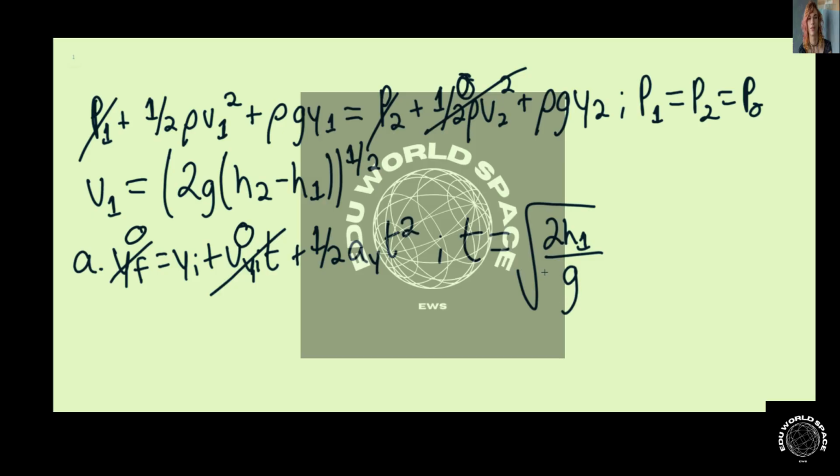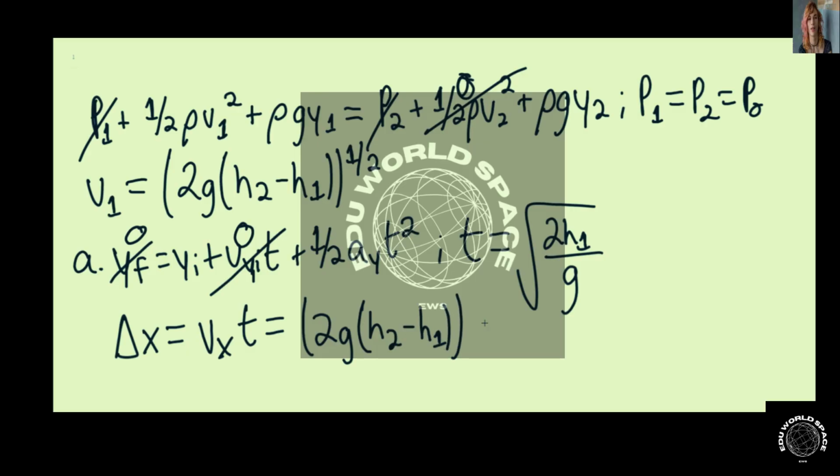So at this point, we can say that the change in x, the change in displacement, would be equal to vx times t. And this would be equal to, again, 2g times h sub 2 minus h sub 1 to the 1/2 power, and then times 2h sub 1 divided by g, again to the 1/2 power.